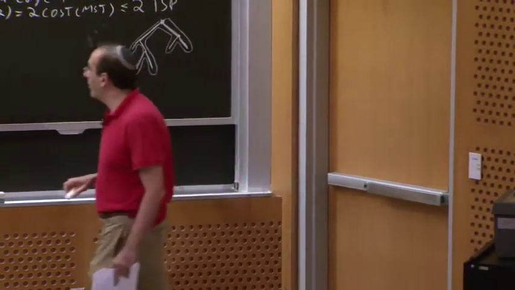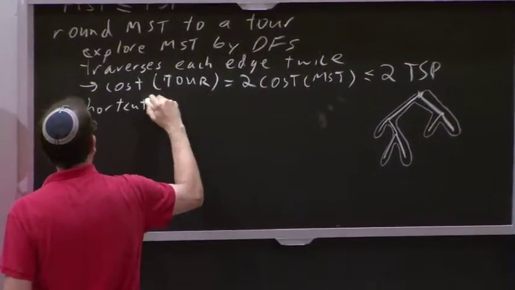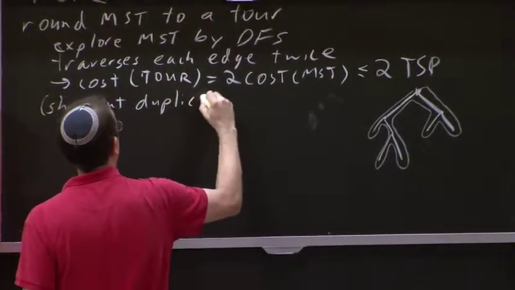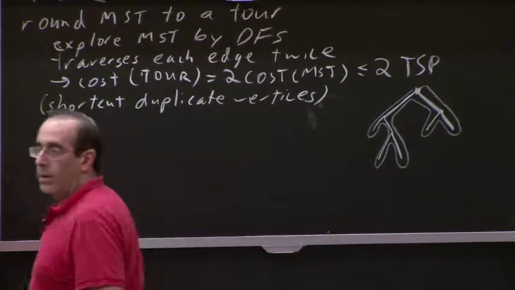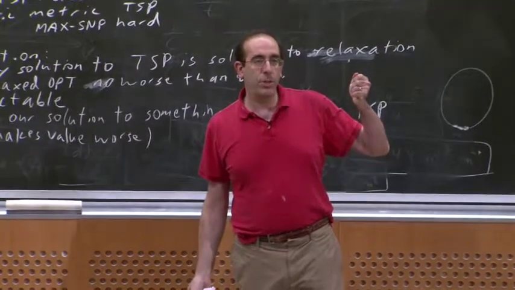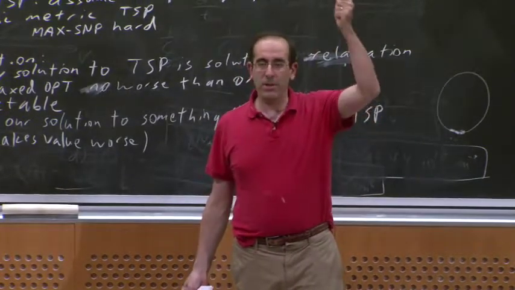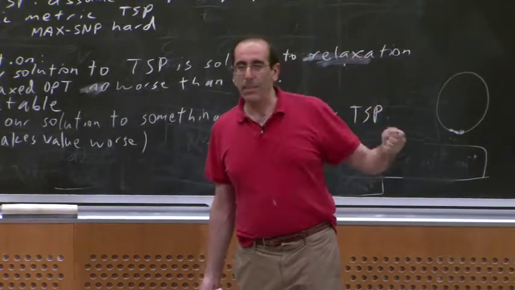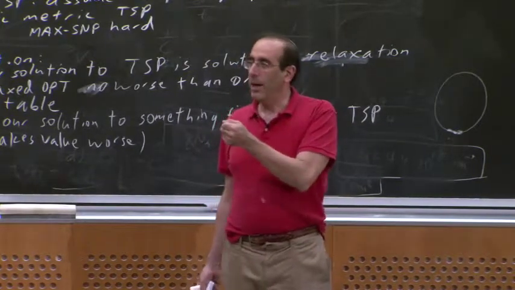Just take shortcuts, right? So I can shortcut duplicate vertices. If my tour is taking me back to a vertex that I've been to before, and then onto another vertex, there's no need for me to visit the vertex I've already been to. I'll just skip it and go straight to the next vertex that I haven't seen in the tour, right?